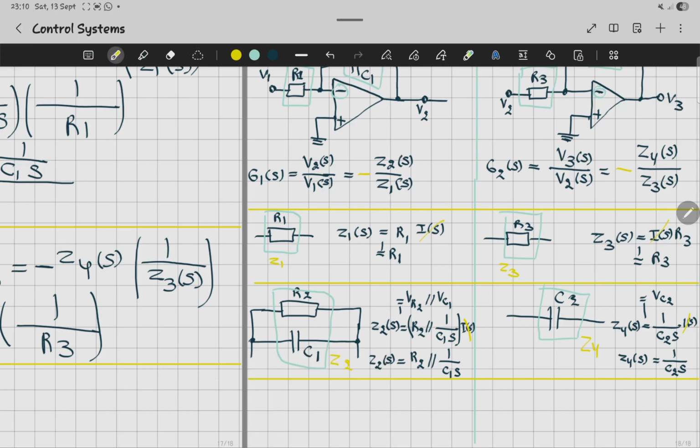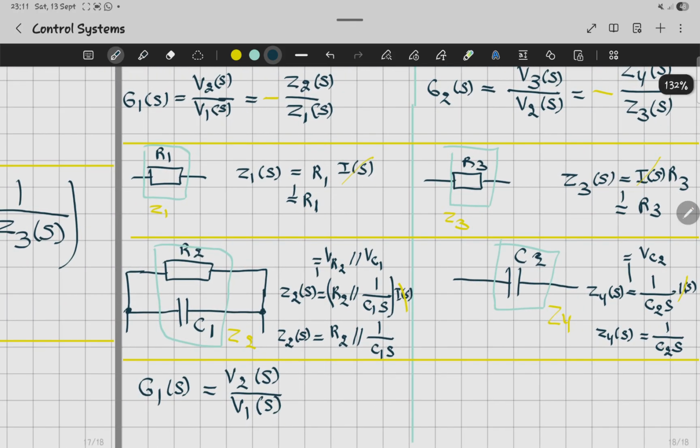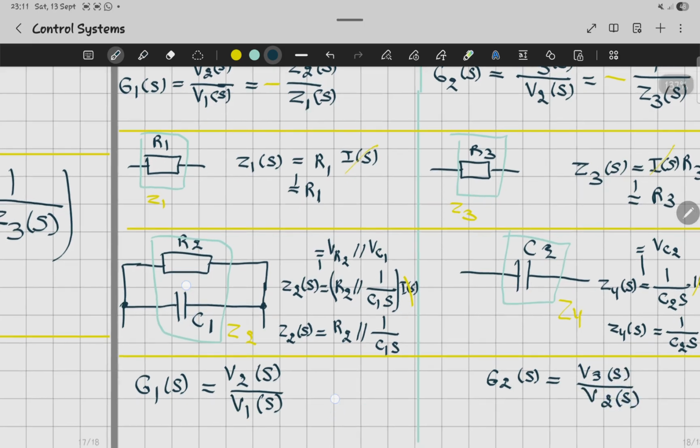We have said that J1 is equal to V2(S) over V1(S), and on this side J2 is equal to V3(S) over V2(S).